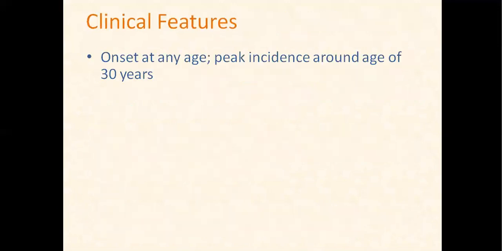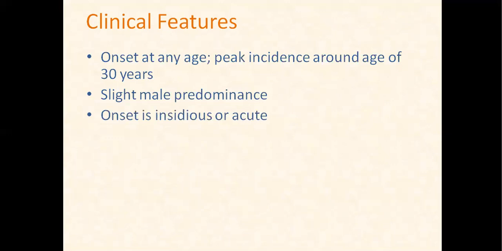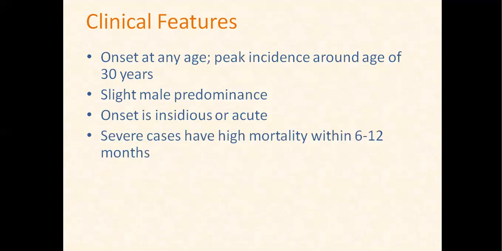Clinical features: patients are diagnosed at any age, with peak incidence around the age of 30 years, with slight male predominance over female. Onset is insidious or acute, and severe cases have high mortality within 6 to 12 months.